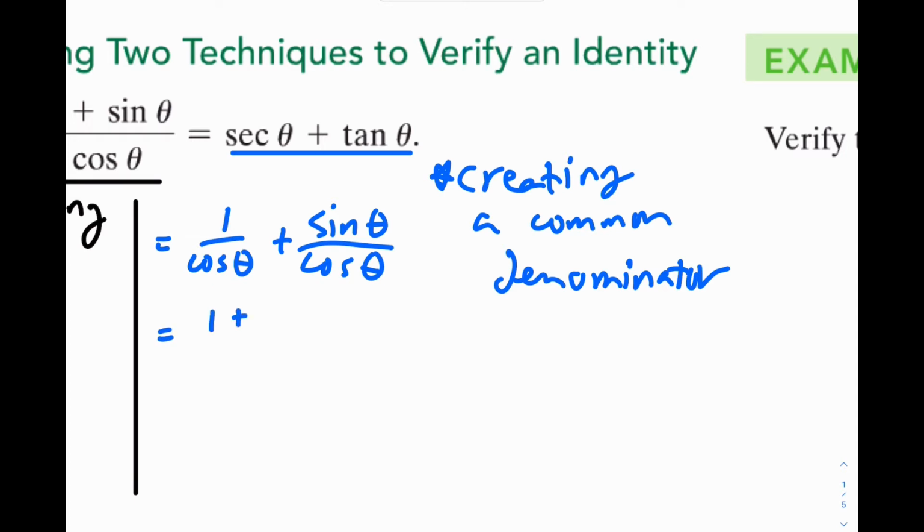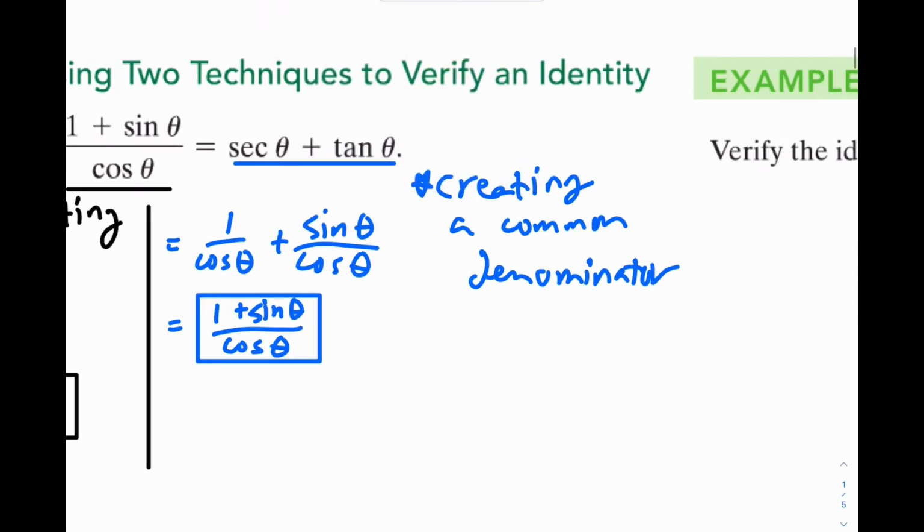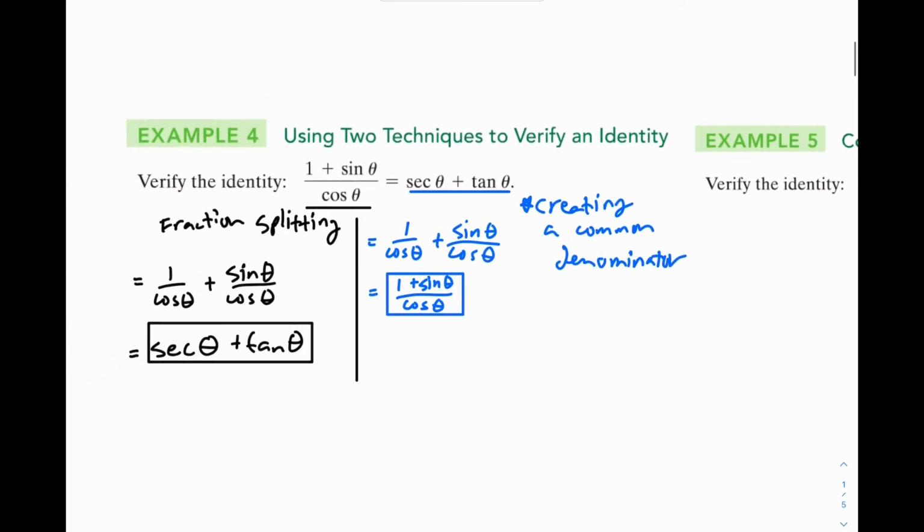So we'll just put them together. 1 plus sine over cosine. And there's our example right there. So again, 2 techniques. You have fraction splitting here and creating a common denominator. So we'll put a box on that, box on this.